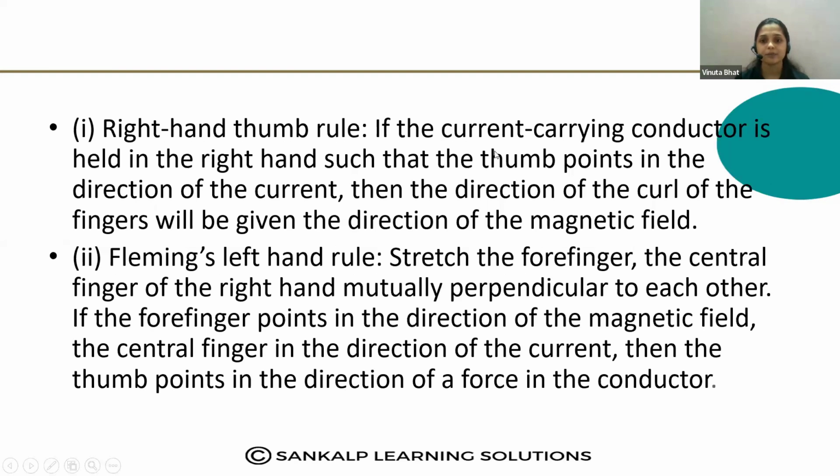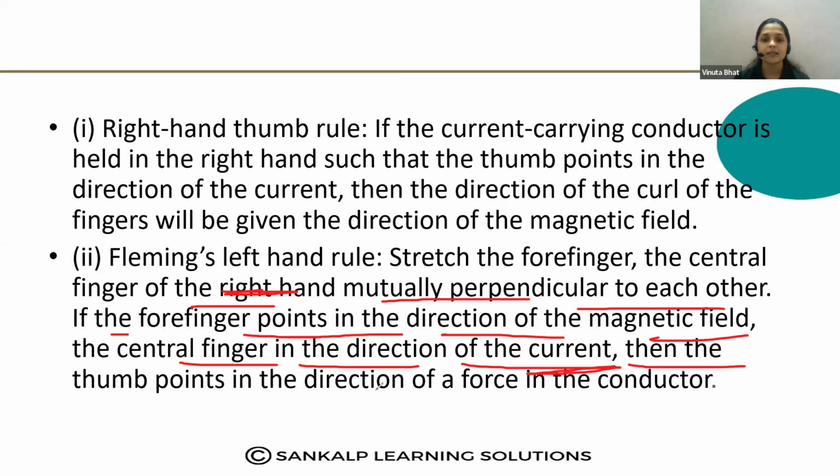Stretch the forefinger, the central finger and the thumb of the left hand mutually perpendicular to each other. If the forefinger points in the direction of the magnetic field, the central finger in the direction of the current, then the thumb points in the direction of the force on the conductor. So that is Fleming's left hand rule.